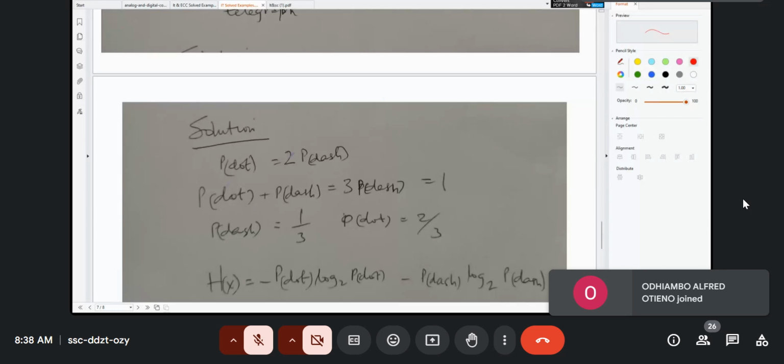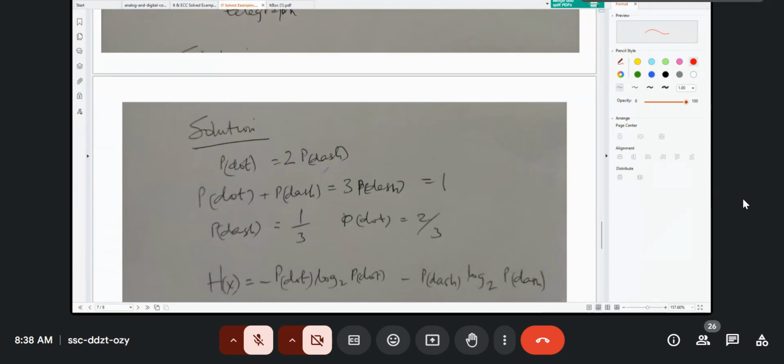This is how you approach it. P(dot) is 2P(dash), because you have been told the probability of the dot is twice that of the dash.